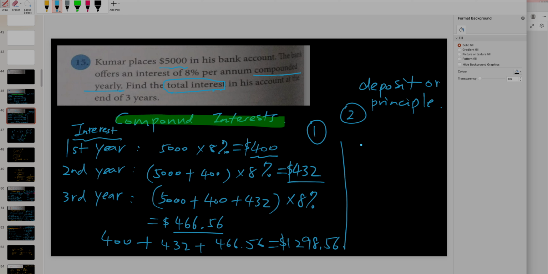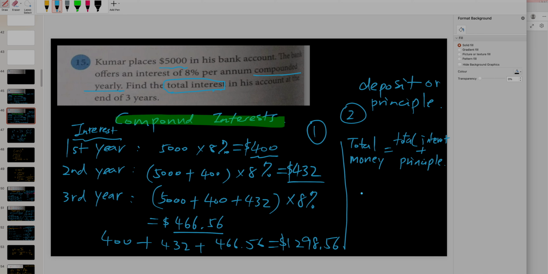So the formula for total money after 3 years. Total money, not total interest, I'm talking about total money. So the total money is equal to total interest plus the principal, which is the money you put in. Understand?